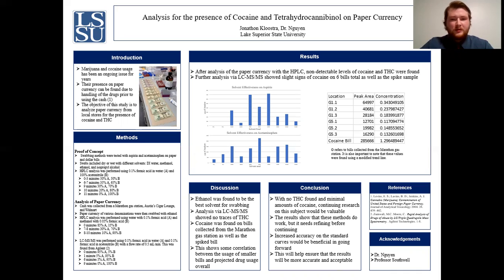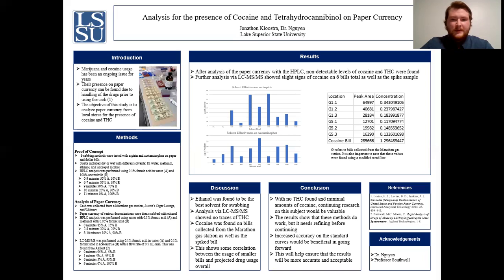The next step was to do LC-MS analysis of these same samples, because the HPLC analysis did not show any traceable signs of THC or cocaine. This was done using an Agilent Technologies method with 0.1% formic acid in water and 0.1% formic acid in acetonitrile.